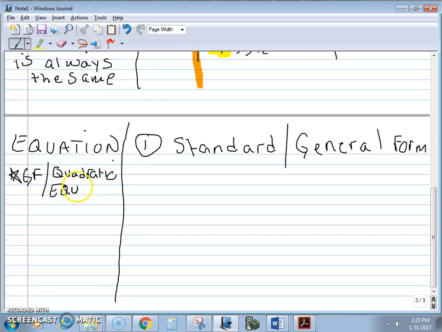And we'll learn that later, but I'm just going to put it here now. And standard form is ax squared plus bx plus c equals 0. Remember, our zeros are our solutions. That's why it has to be equal to 0. C is also going to be your y-intercept.